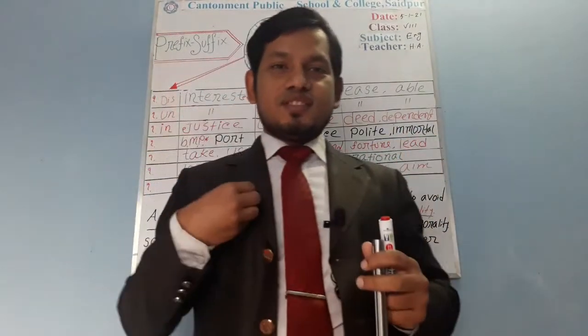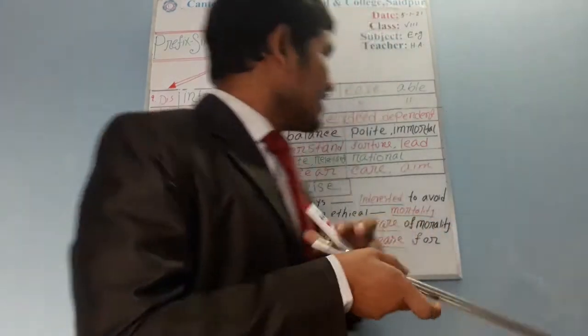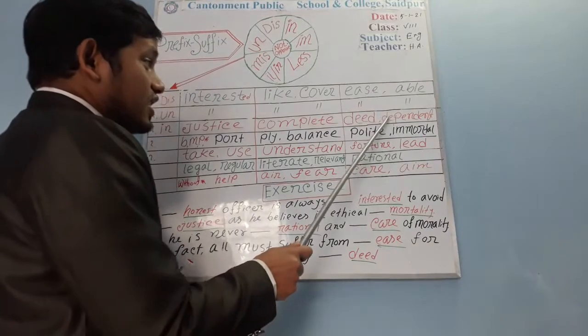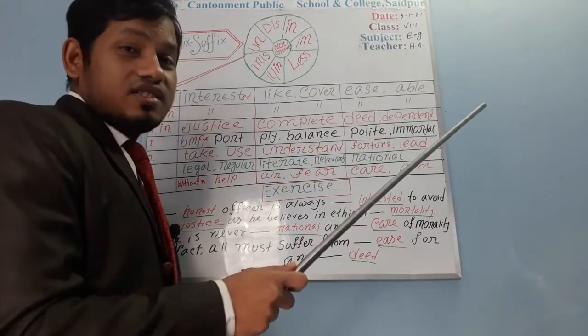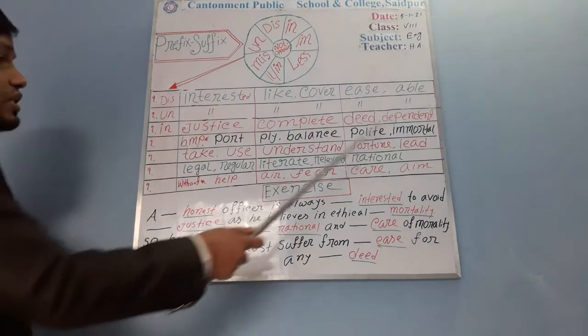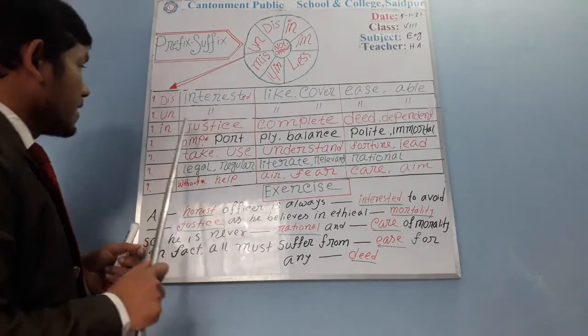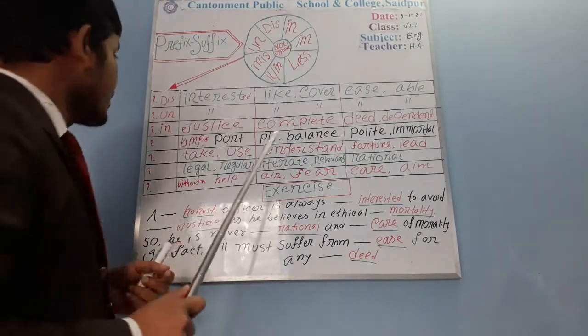Dependent means not independent, right? Here dependent means not independent. You can say independent. Clear? Line number 2 is clear, I think.